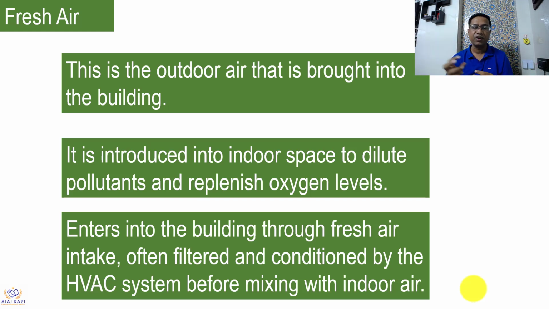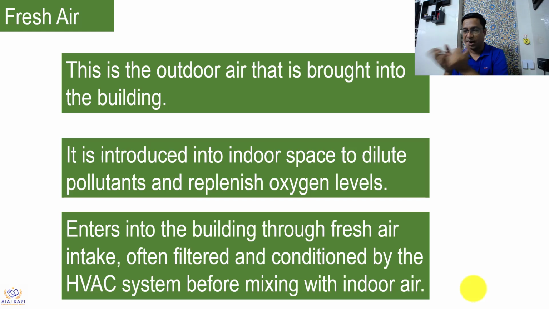It is generally filtered now with dedicated outdoor systems or TFAs. It is conditioned in the HVAC system before it mixes with the indoor air. If you take raw fresh air from the ambient and mix it in the room directly, you will have condensation. So you have to mix it in the unit, where it becomes conditioned, and then it is delivered to the room.